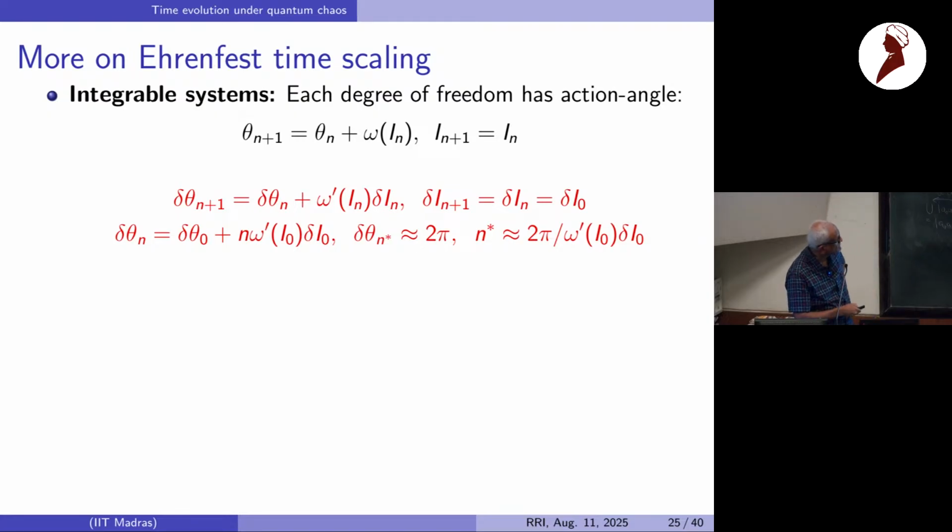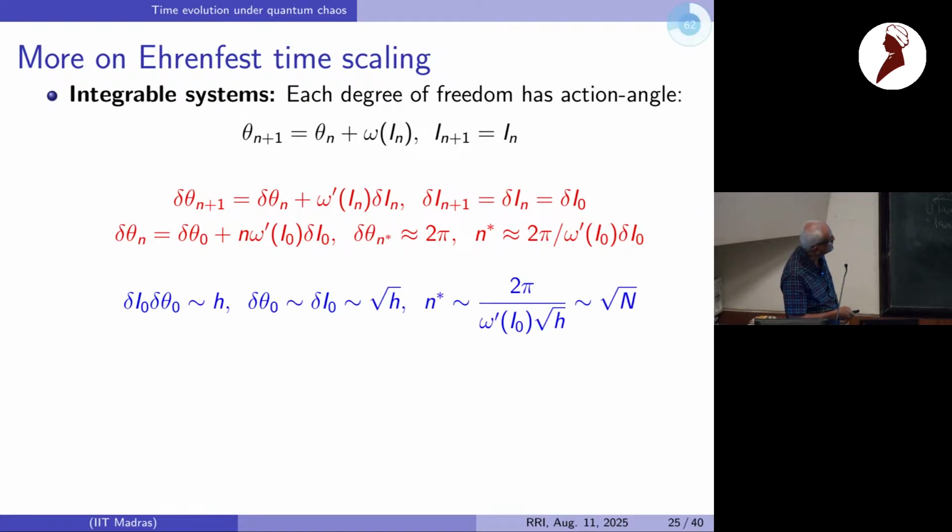So that critical time, let's call it n star. So delta theta_{n star} is approximately 2 pi. What will be the time? The time will be n star, which is 2 pi divided by this frequency derivative, divided by this delta I_0.